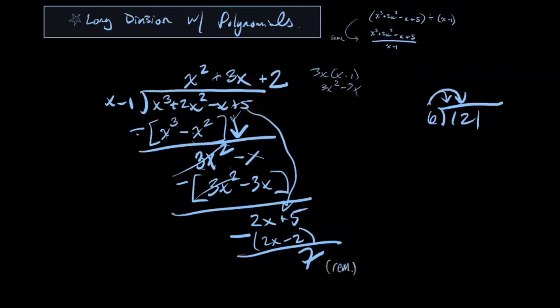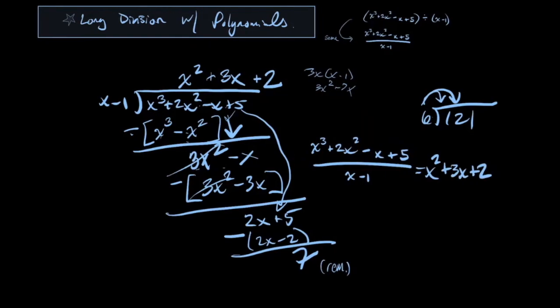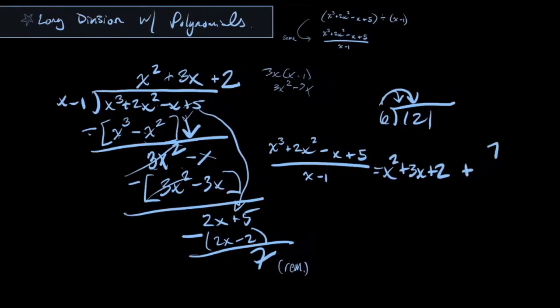So what that means is when we have this x cubed plus 2x squared minus x plus 5, and we divide it by x minus 1, we get x squared plus 3x plus 2 plus the remainder over whatever the divisor was, which was x minus 1.